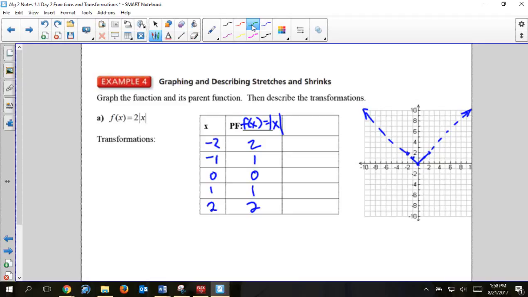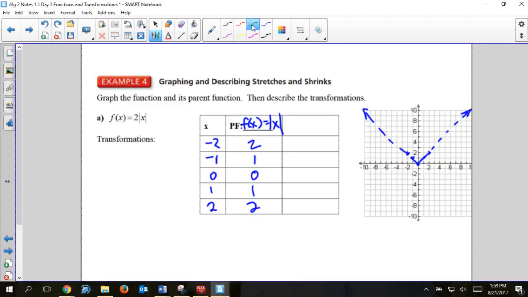Emma, how are they different? You don't have to tell me transformations, just tell me how they're different. What's different? There's a 2, right? Timothy, what operation is with that 2? It's multiplying. If it's next to it, it's multiplying. So this is either a stretch or a shrink.